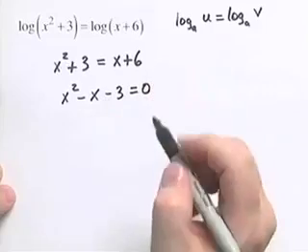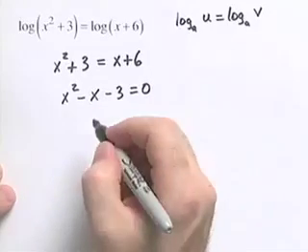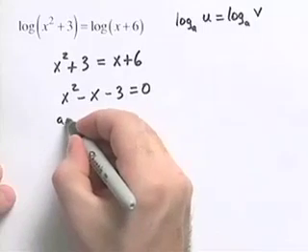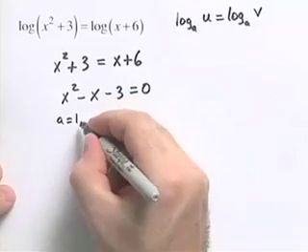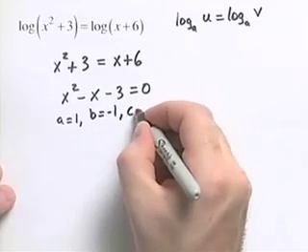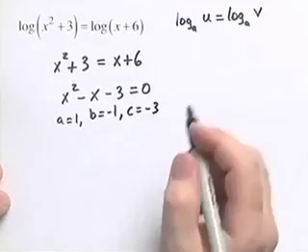We're going to solve this equation by factoring, if possible. We look at this, it doesn't appear that factoring will work, so we can use the quadratic formula. A equals 1, b equals negative 1, and c equals negative 3.